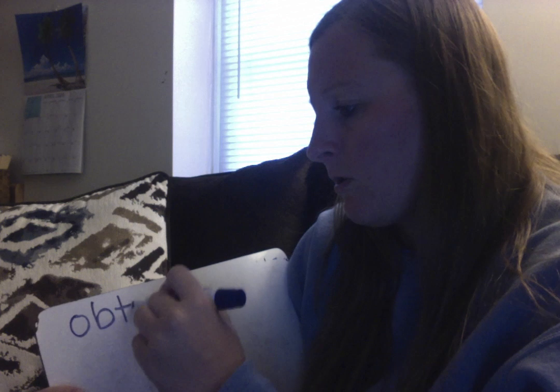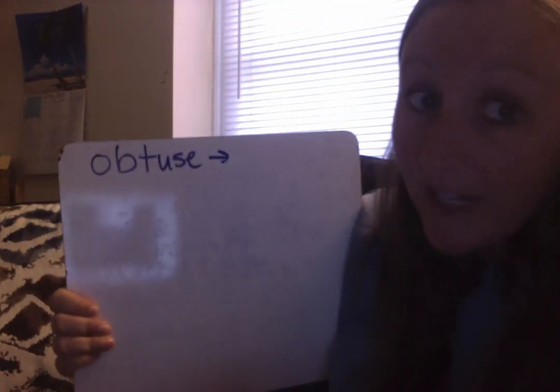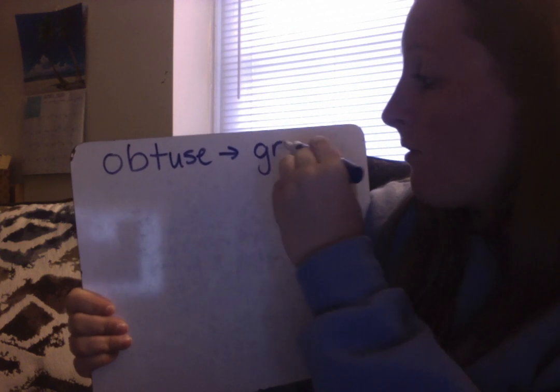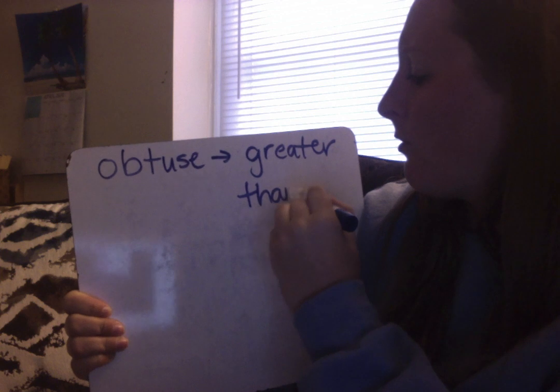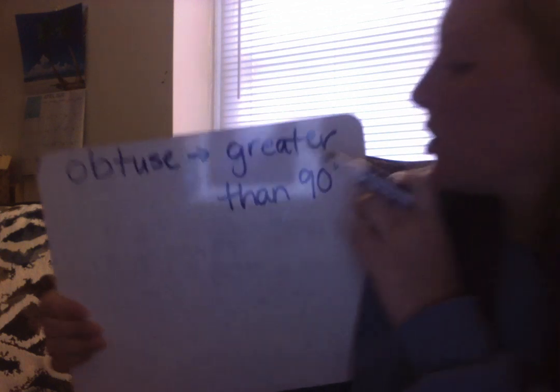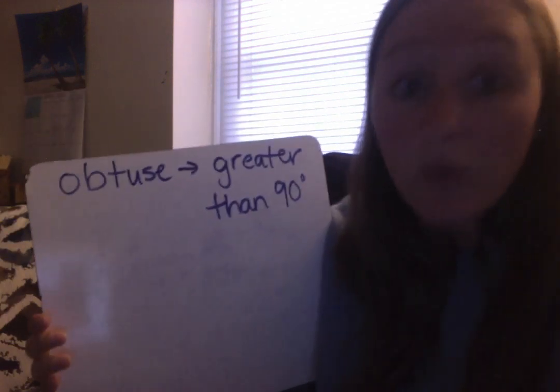Then we have obtuse angles, and I like to say it that way because it gives it a big feel, big meaning. So obtuse is an angle that is greater than 90 degrees. And this little circle at the top, that means degrees, just like in temperature, okay? So an obtuse angle is greater than 90.